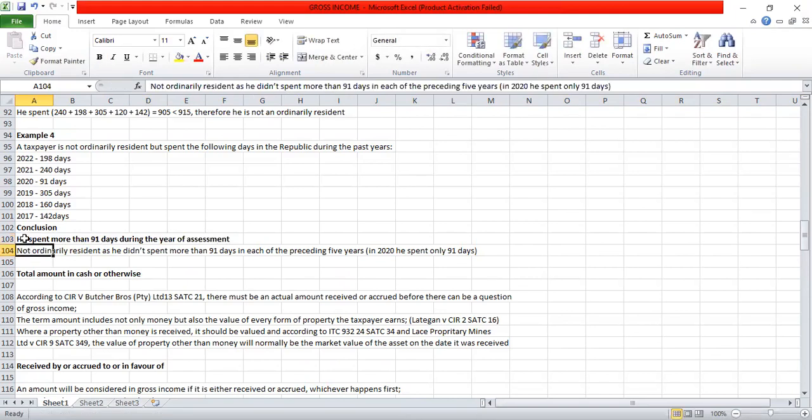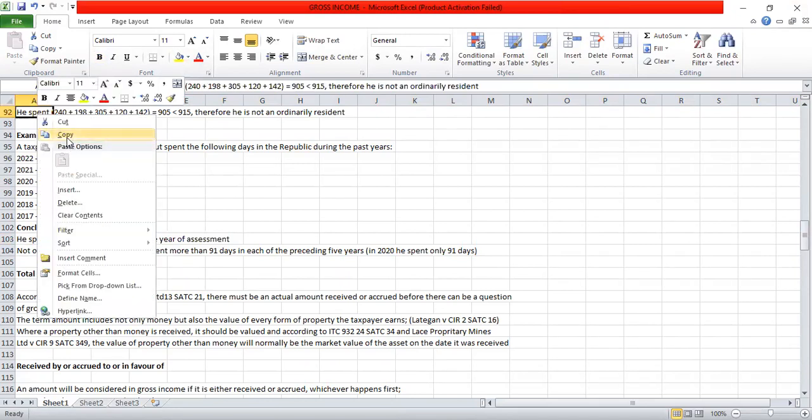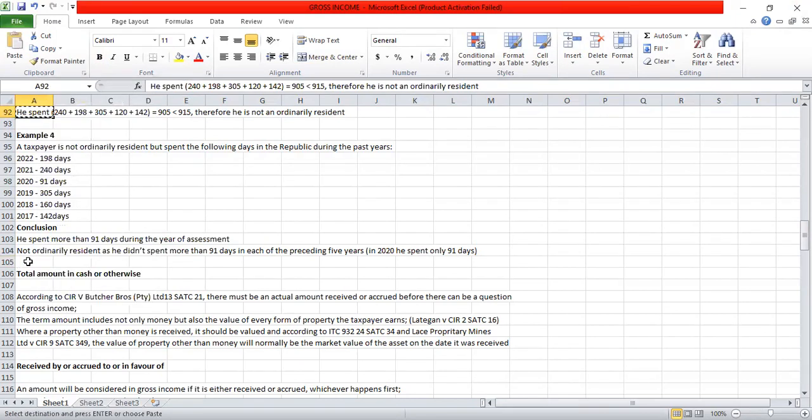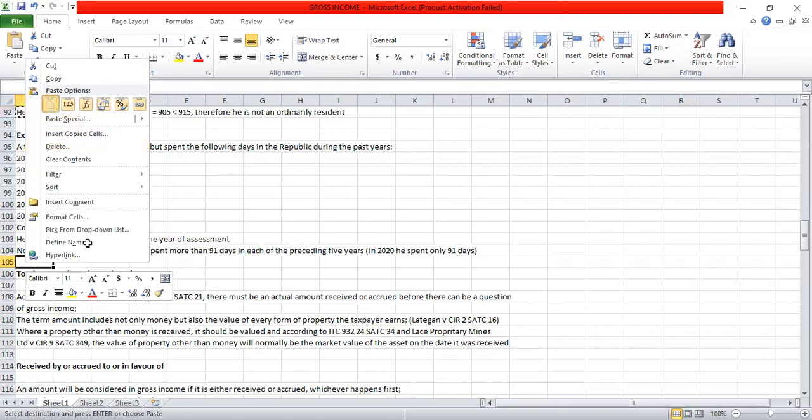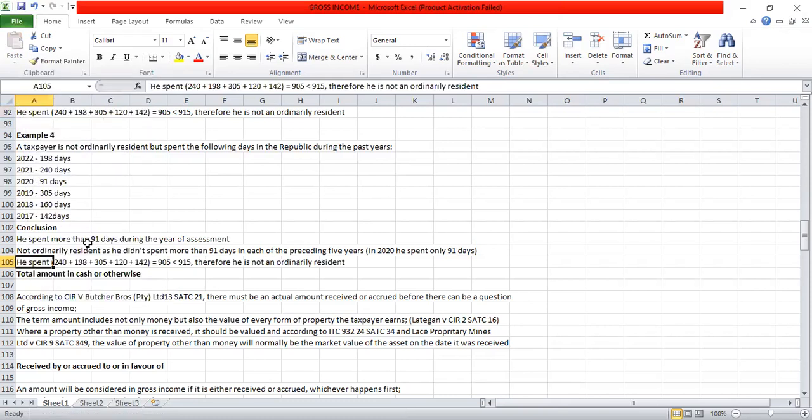Then we also add up the number of days in the previous 5 years.